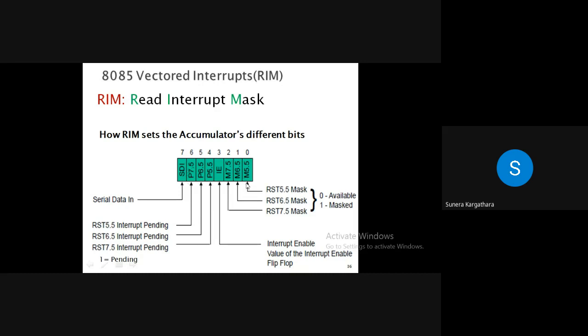Suppose you have 5.5, 6.5 and 7.5 interrupts available. That means the last three pins are 0, 0, 0. Out of these available interrupts, how many are still pending? We know that these three are maskable interrupts, so the mask is available, but whether it is solved or not, that pending status you can check from here.